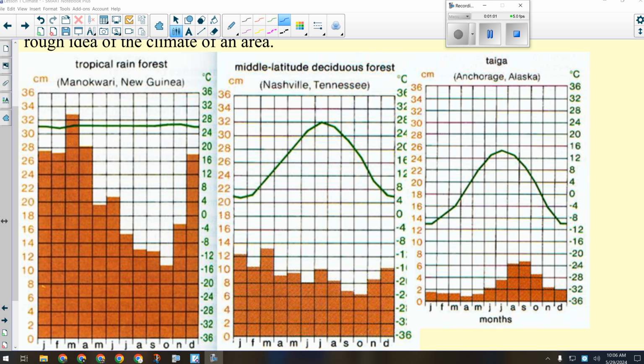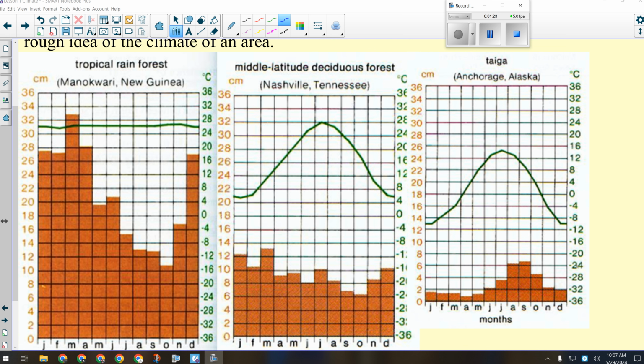Okay? How can we infer light from a climate graph? Like if the line's flat like this, what did we say that meant in terms of where that thing might be? Right, it's near the equator.